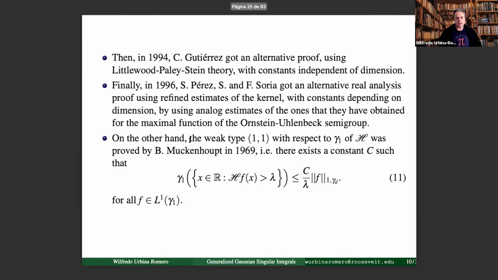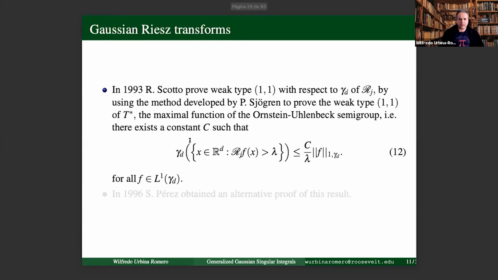Then Markov already had the weak 1-1 type for the Hilbert transform. And in 1993, Roberto Scotto got the proof of the weak type 1-1 for the Riesz transform. Also, Sonsoles got an alternative proof of this result. So this is the Gaussian Riesz transform.